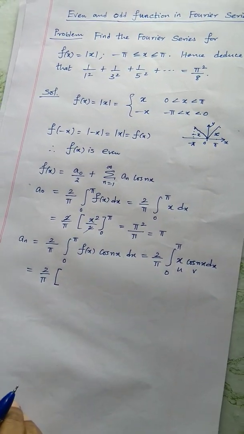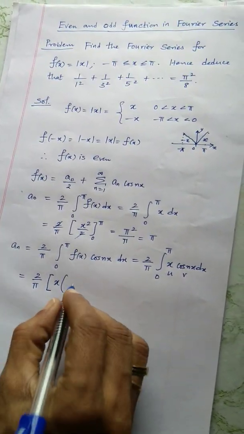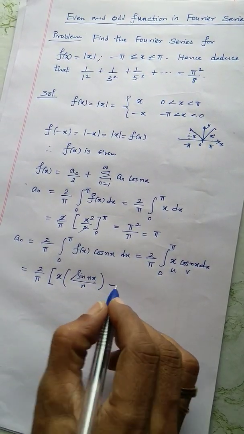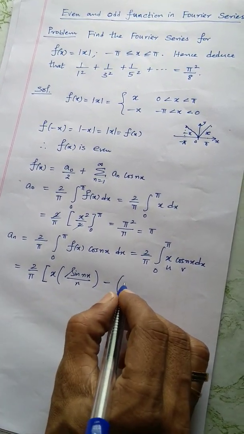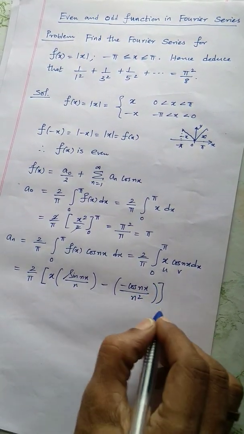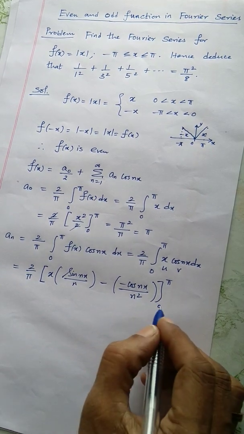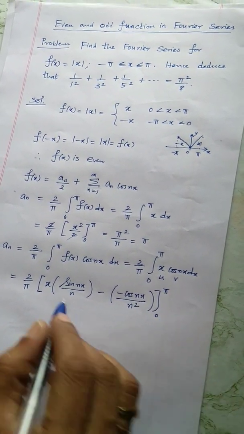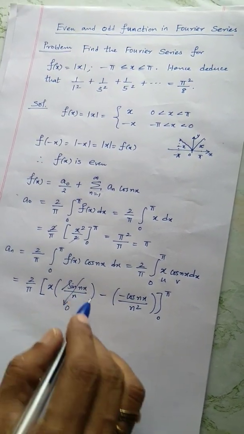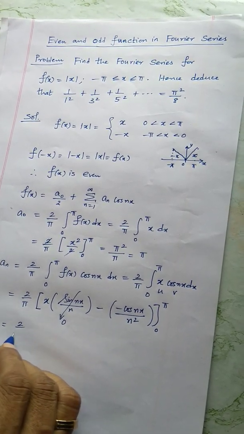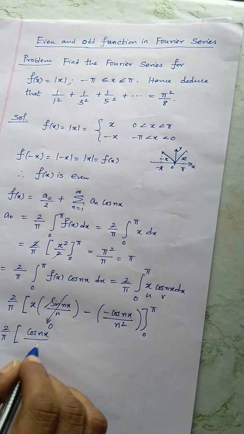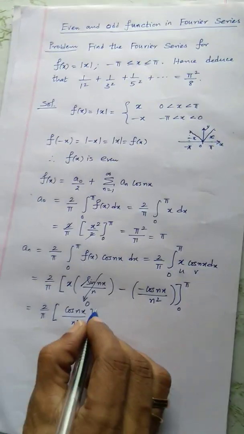Apply Bernoulli's formula. x as it is, integral of cos nx is sin nx by n, minus derivative of x, which is 1, and integral of sin nx, which is minus cos nx by n square. The limits are 0 to pi, integer multiples of pi, so wherever sin appears you can check it is 0: sin n pi is 0, sin 0 is 0. So just ignore this. Minus into minus gives plus. So you can rewrite it as cos nx by n square, where I have adjusted the negative sign.